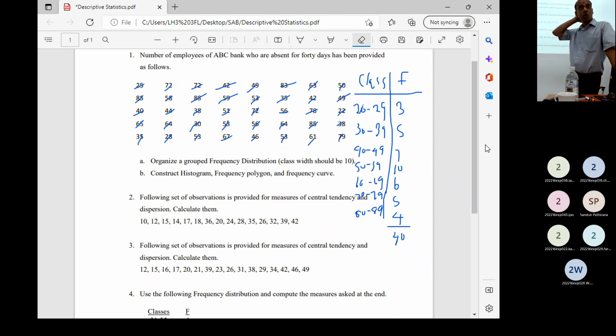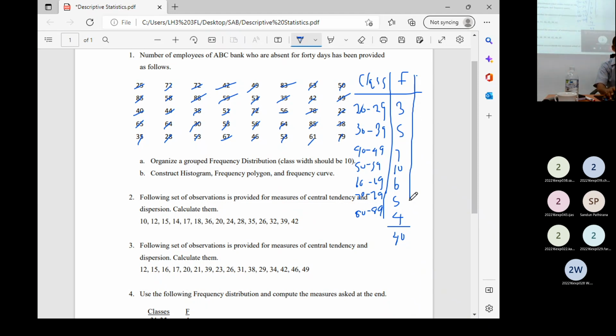That distribution is called cumulative frequency distribution. If we need the percentage of cumulative frequency, percentage of cumulative frequency can be calculated.